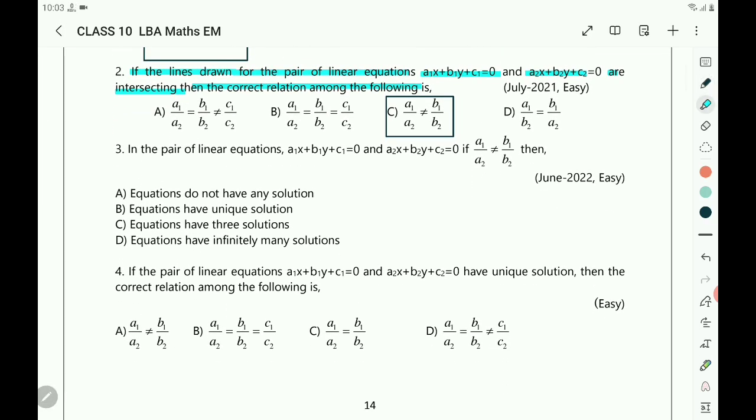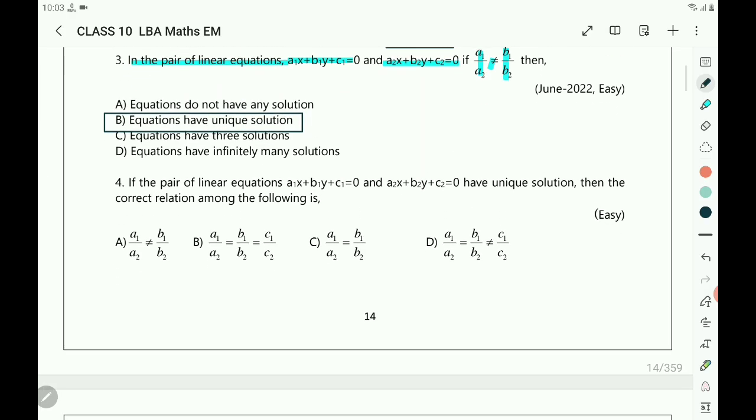Third question: In the pair of linear equations a1x + b1y + c1 = 0 and a2x + b2y + c2 = 0, if a1/a2 is not equal to b1/b2, then the equations have a unique solution. Here one of the options is that the equations do not have any solution. If a1/a2 is not equal to b1/b2, the equations have a unique solution.